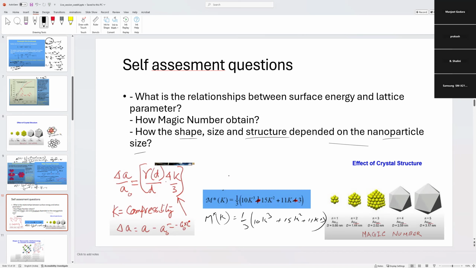Shape and structure will depend on the crystal structure of the atoms. As you go to a higher number of atoms in the cluster, you get a more defined shape of the particle. And as you go down, you will see more of the FCC crystal, the atoms arranged in the FCC crystal shape.